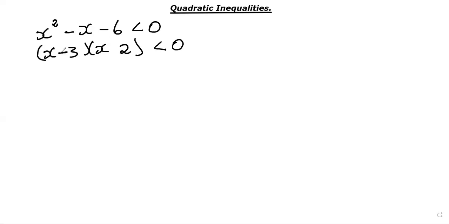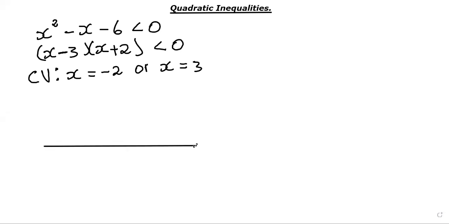The bigger number takes the sign of the middle term, and the 2 must be positive. After factorizing, we have to write down the critical values, which are just the x-intercepts of this function. So these are they. After doing this, we have to represent our function graphically. So this is how it will look.